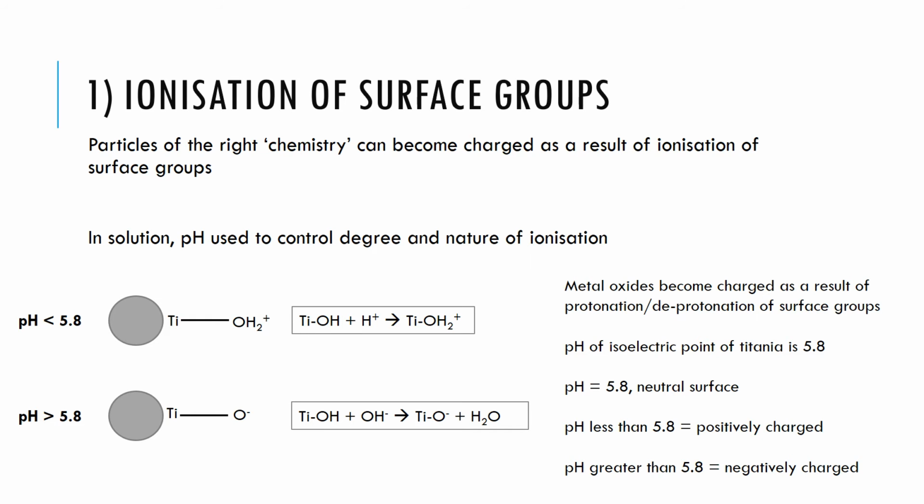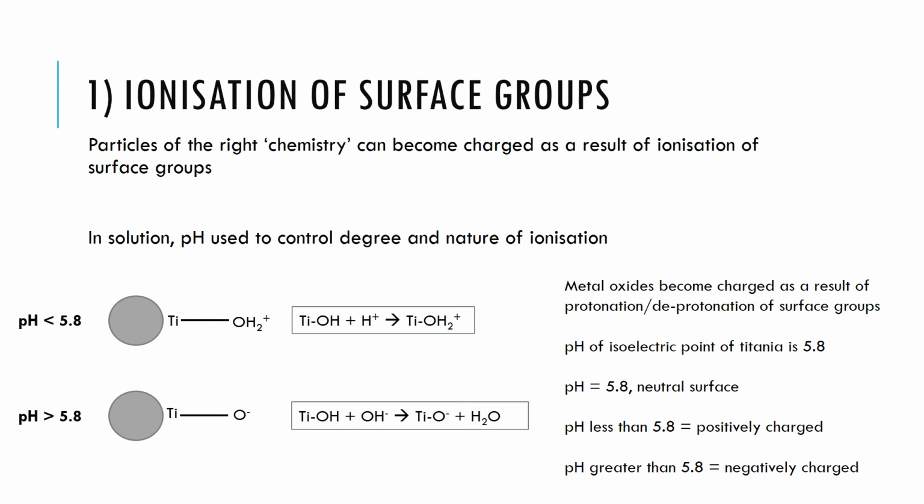And titania is composed of titanium dioxide, and on the surface of the particle there are titanium oxide groups. And you can either protonate or deprotonate those surface groups just by changing the pH. So the isoelectric point of titania is 5.8, which means that at 5.8, that particle is neutral, or the surface of that particle is neutral.